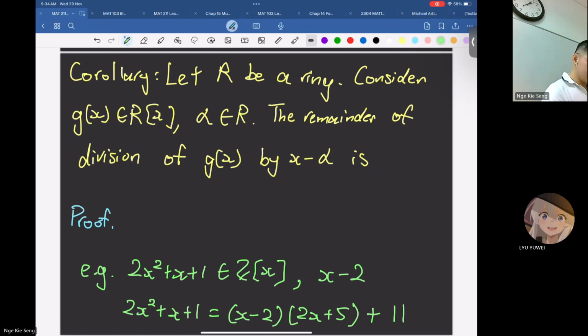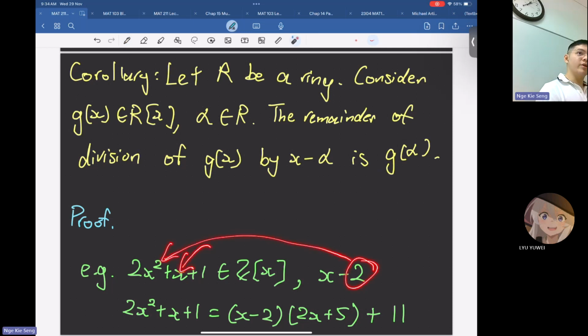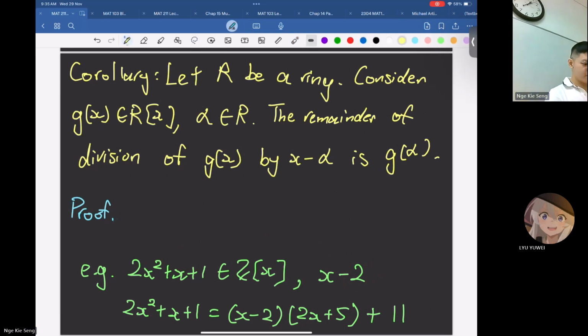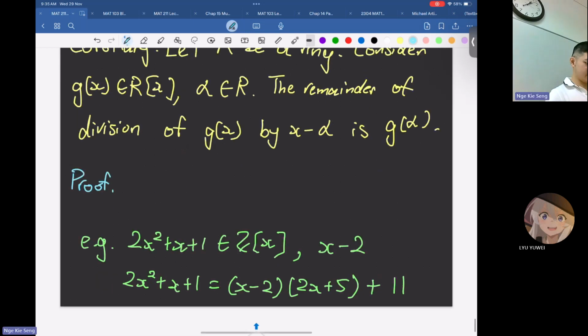Actually, it's just g(alpha). If you substitute 2 into this polynomial here, you will get 11. Why is this true? Why is this true in general?